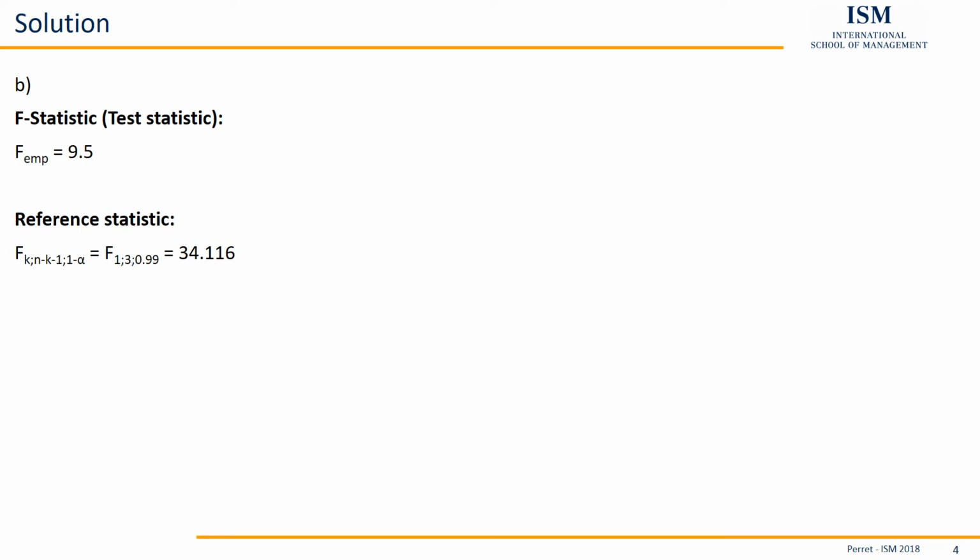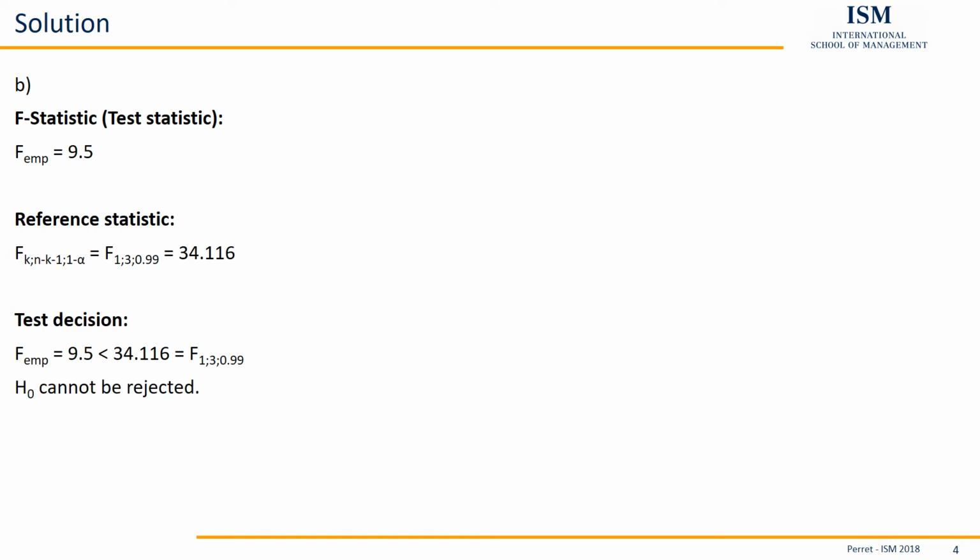So we have F 1, 3, 0.99. And in this table, we find a reference statistic of 34.116.